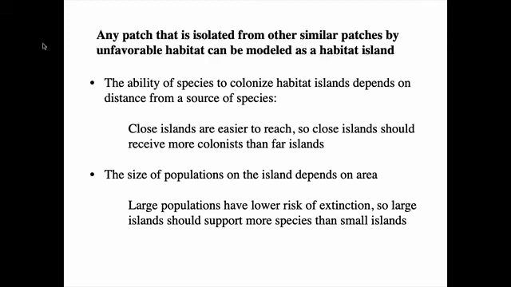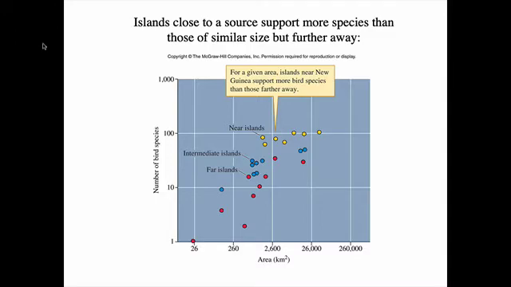So let's see some evidence. How does this actually work in nature? Well, okay, so here's islands near New Guinea, and here's bird species, and here's the area. So larger islands should have more species. These lines should go up, and they do.